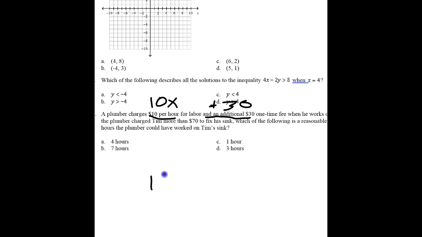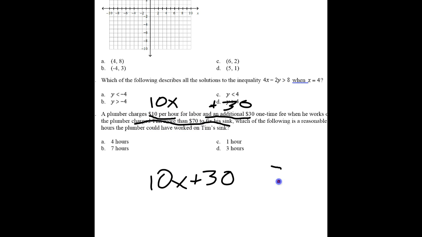So we have 10x plus 30 so far. When he works, the plumber charged him more than $70 to fix his sink. So whatever amount a person gets charged can be represented by 10x plus 30. But in this case, we know that the plumber charged Tim more than $70.